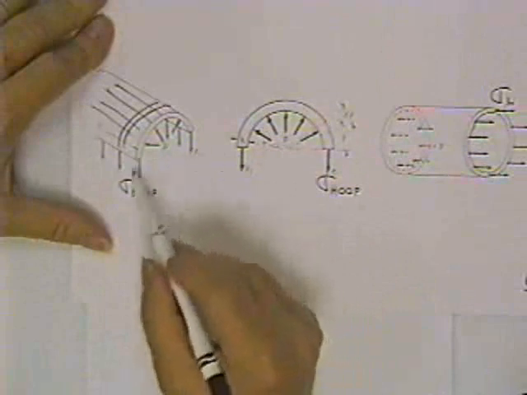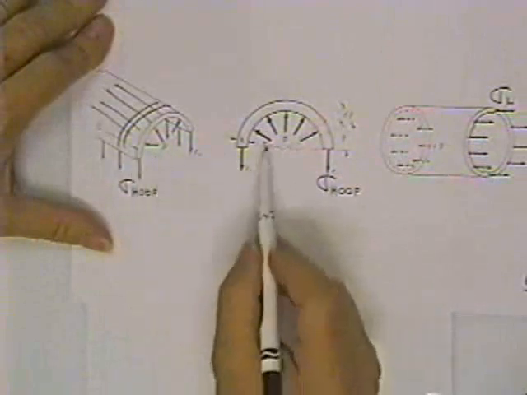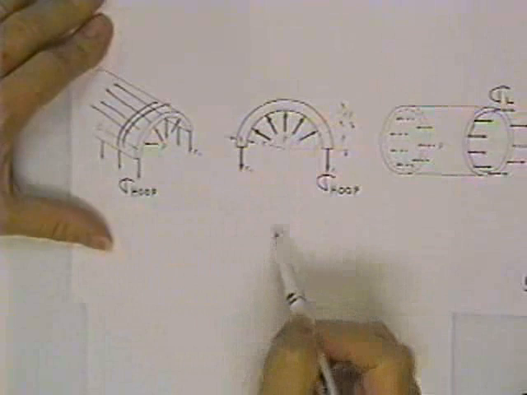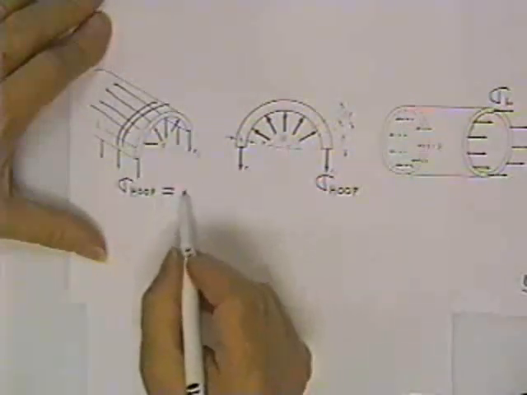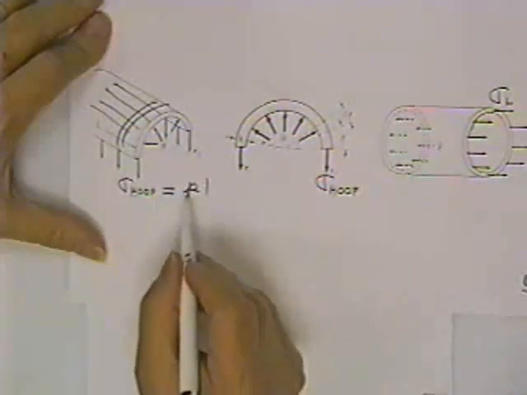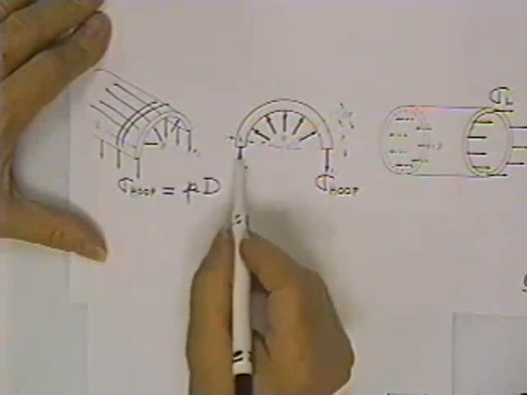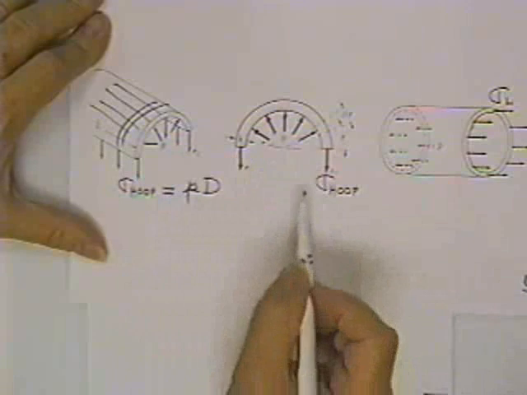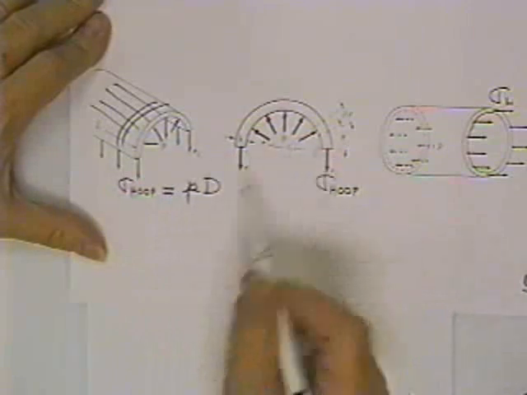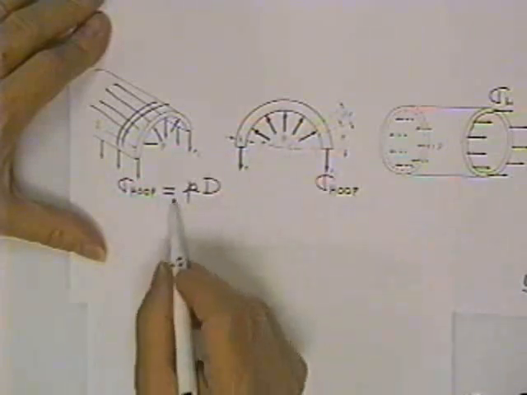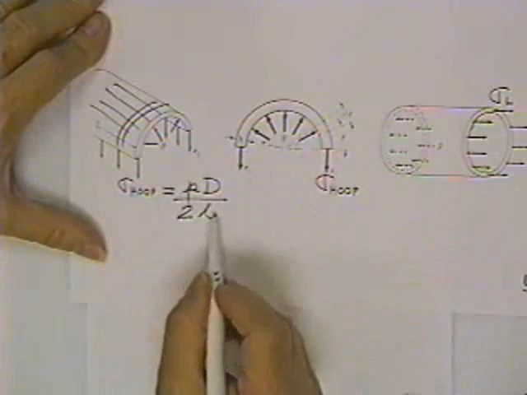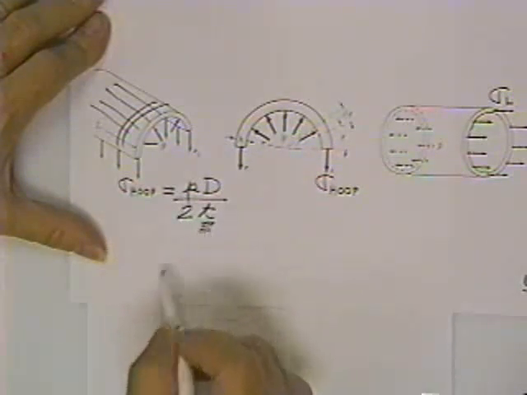And that stress is exerted on this wall of the tank because of this internal pressure. And this hoop stress is equal to P, that's the internal pressure, times D, the diameter of the tank. Take the mean diameter as good as anything, or take the inside, take the outside, doesn't much matter. And divided by 2 times how thick is the wall.